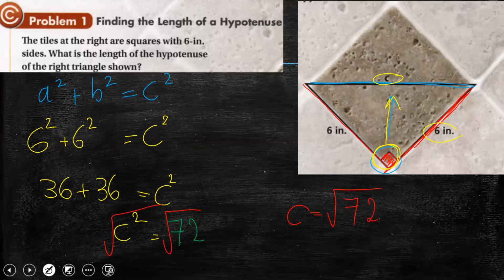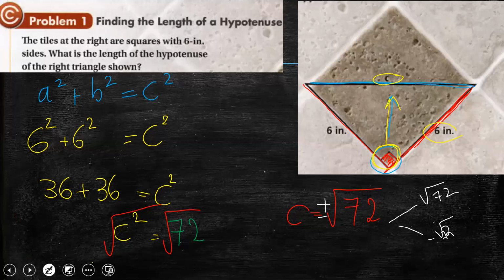Now, is it only the positive square root or positive and negative? Positive and negative. Exactly. So it will be positive square root of 72 or negative square root of 72. But is there a length which is negative?